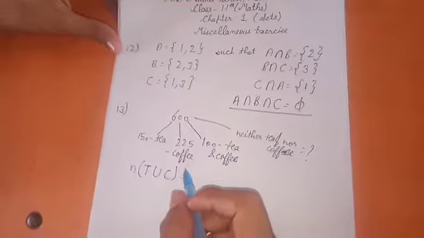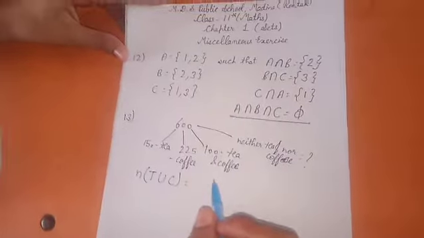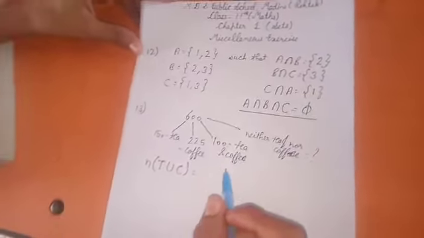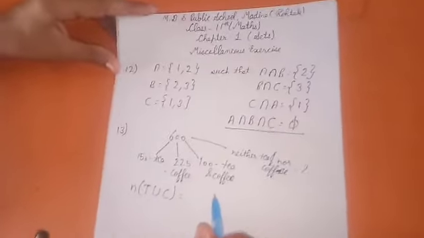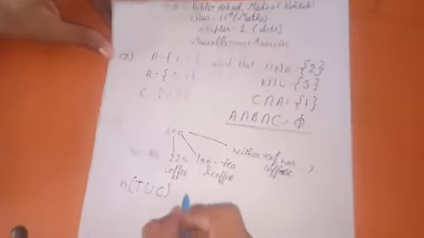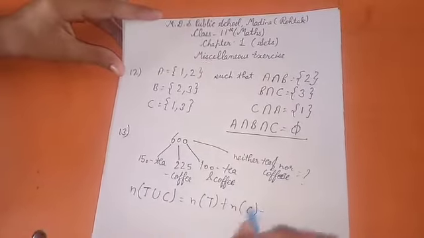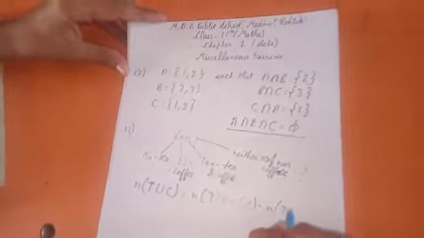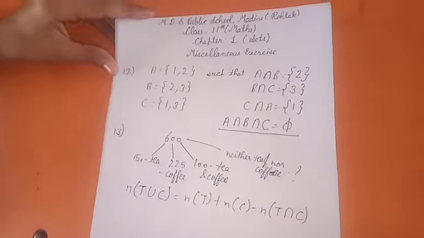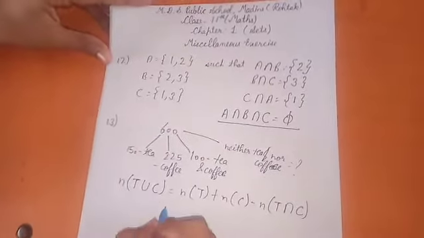So how are we going to find that? With our formula that we studied in exercise 1.6. That is n of T plus n of C minus n of T intersection C.